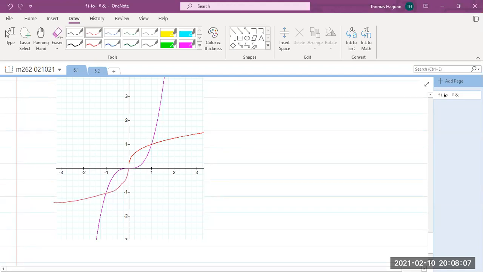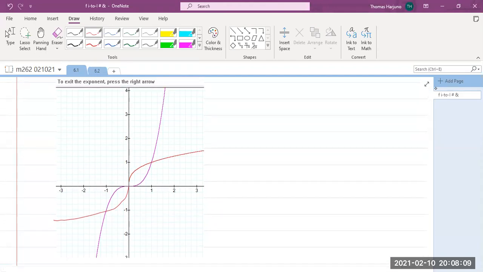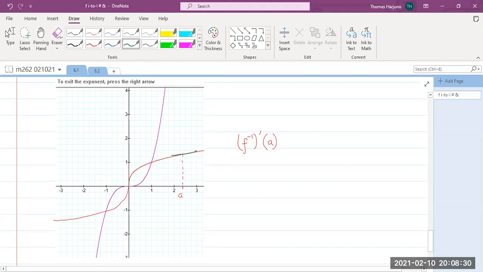Now, what happens is this. The first derivative of the inverse function at A, let's say this is my A here. The first derivative there is basically asking us what is the slope, right?